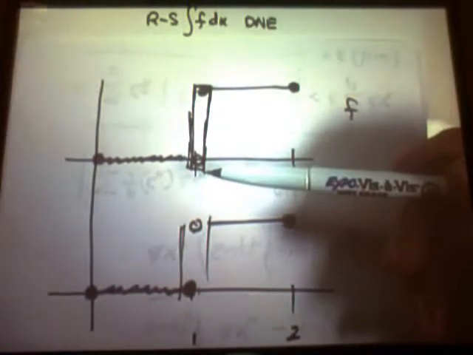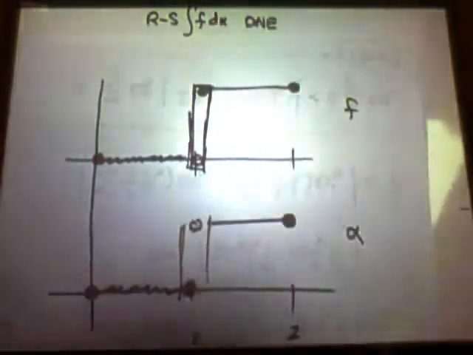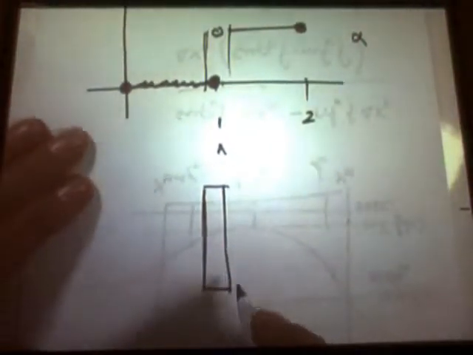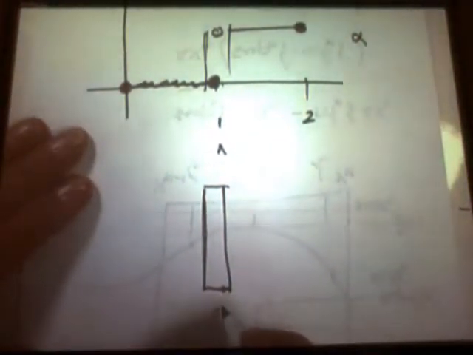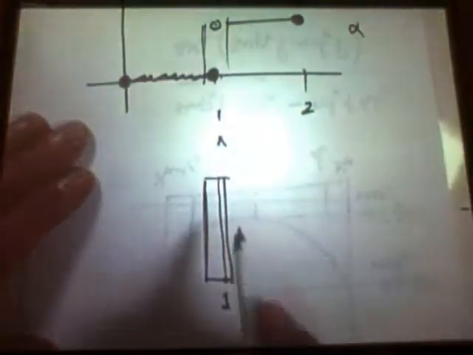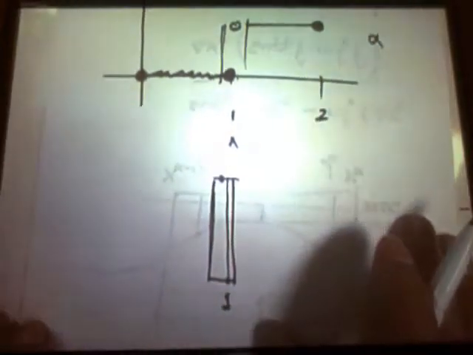If you don't, suppose this is the macroscopic situation here. Suppose the point 1 is here, so alpha and f are changing there. What if you pick the tag point there?